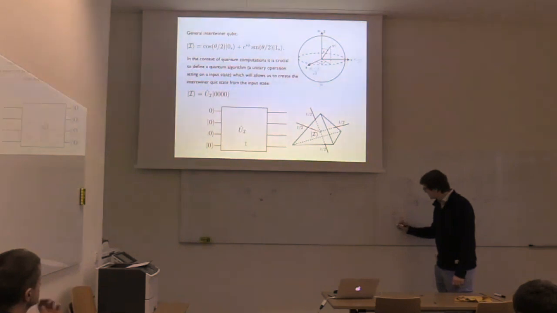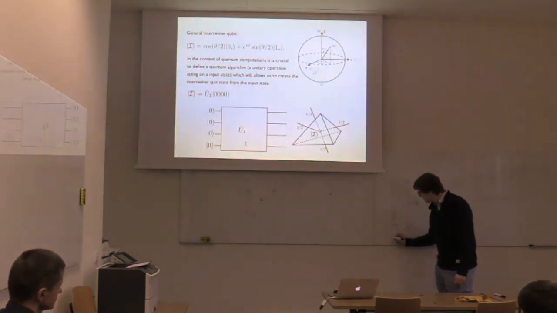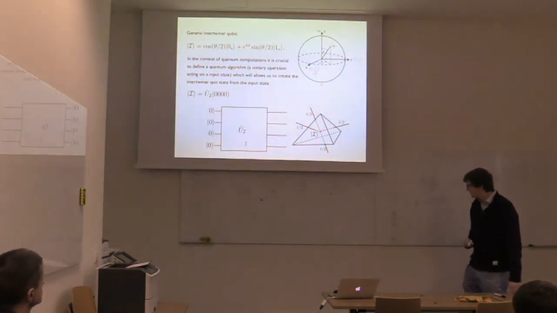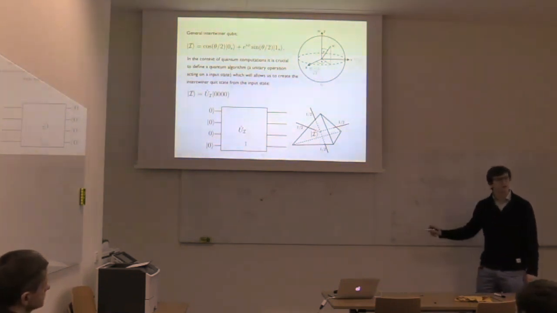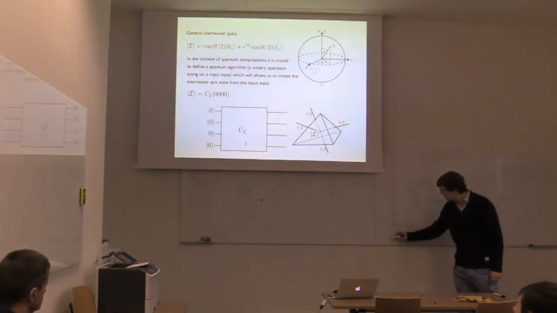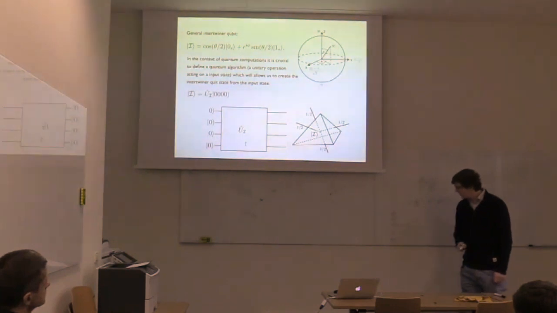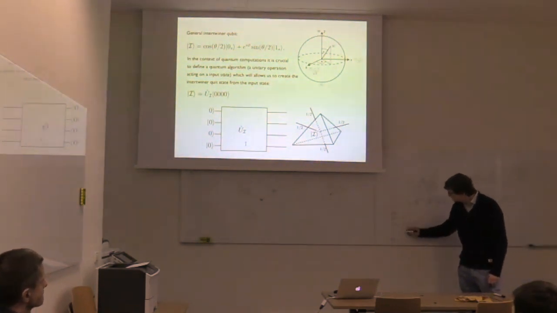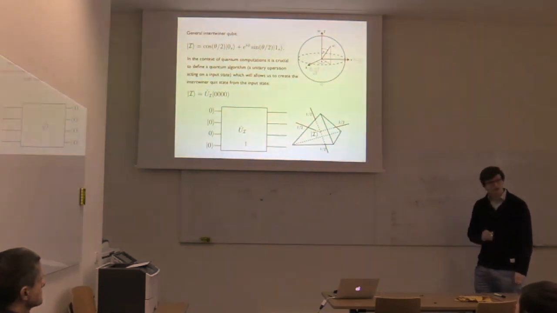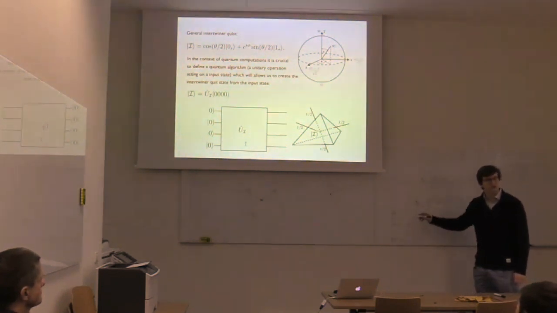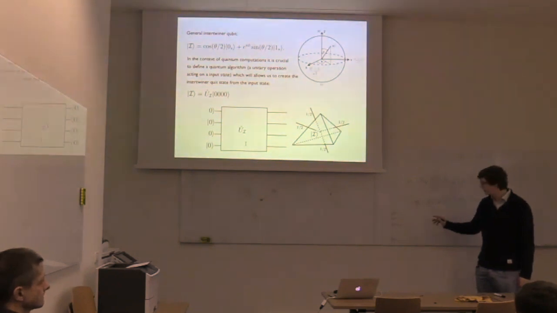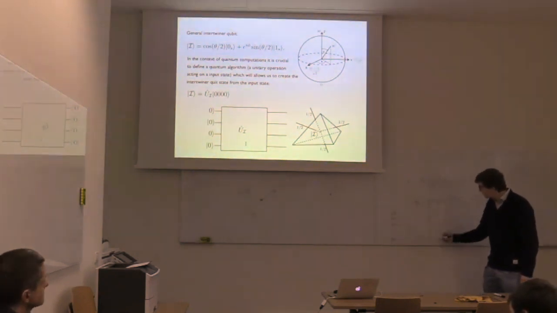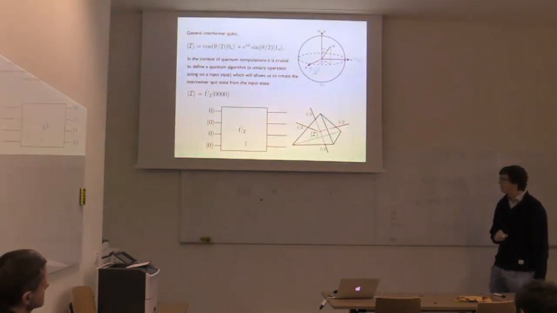Usually the initial state is a product of the 0 states for all the qubits. Then you have some unitary operator, which can be decomposed into elementary gates, and you produce some final state psi.